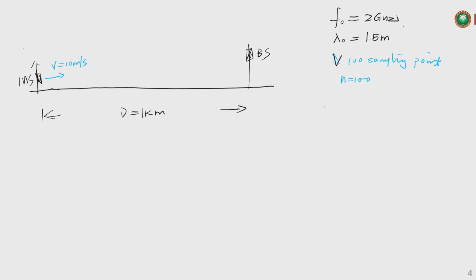The delta x, the sampling interval in the distance domain, is related to the wavelength divided by a capital F. Here we choose F as 16, so lambda_0 divided by 16 is around 0.009375 meters, about 9.375 millimeters.